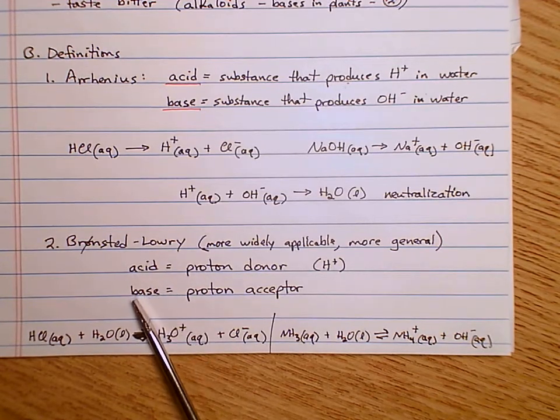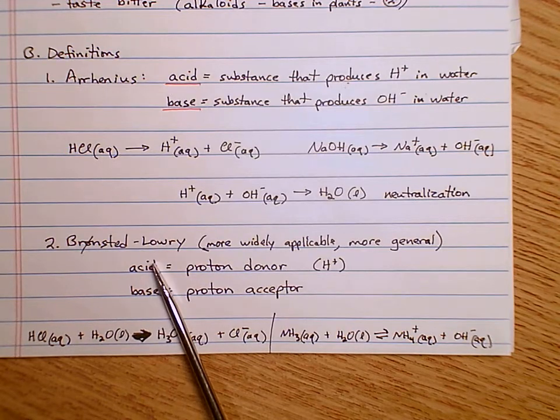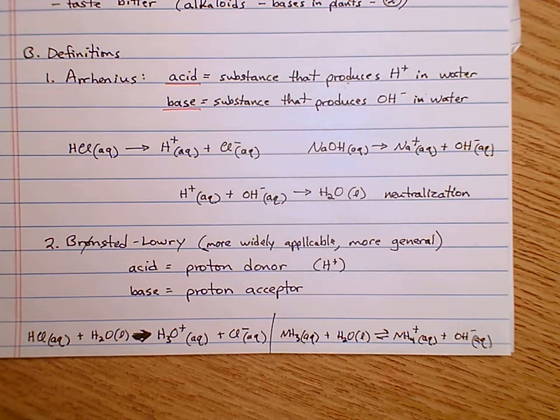However, you will find, especially when you go to organic chemistry, that Bronsted-Lowry acids and bases might not be Arrhenius acids and bases all the time. It's a more general definition, and we tend to like it better. With Bronsted-Lowry acids and bases, you have to put the water in there.